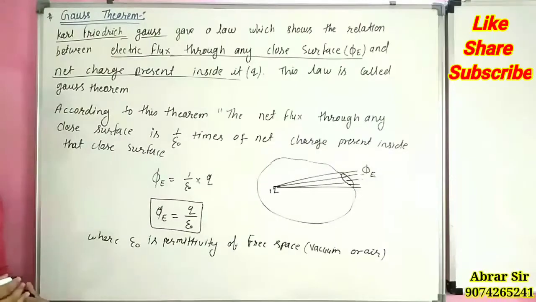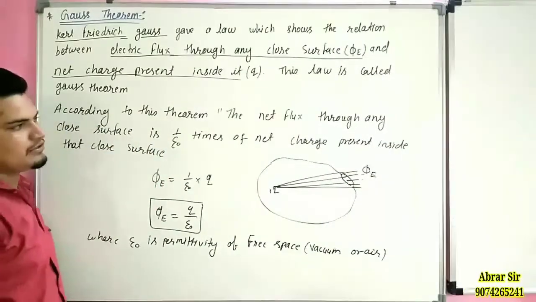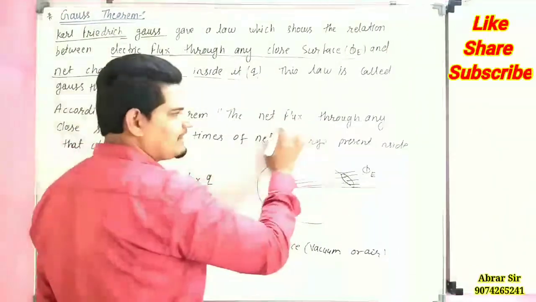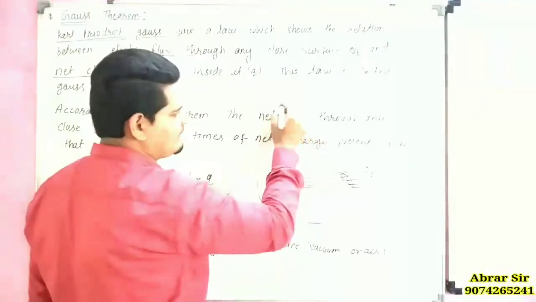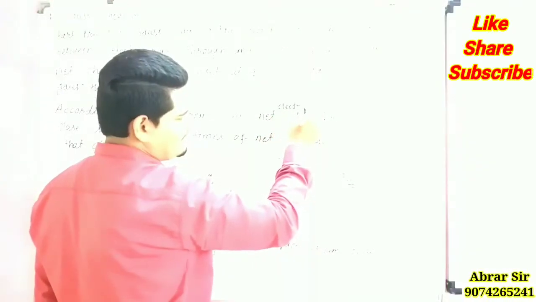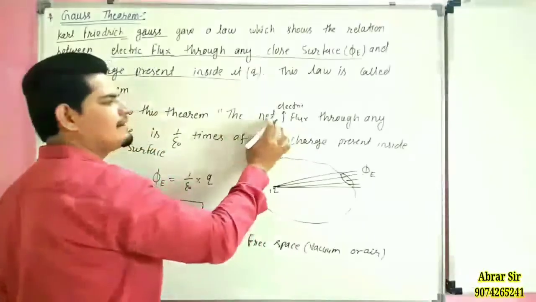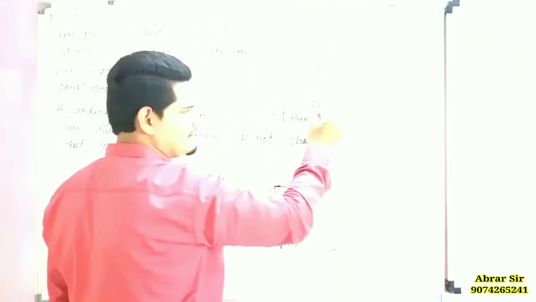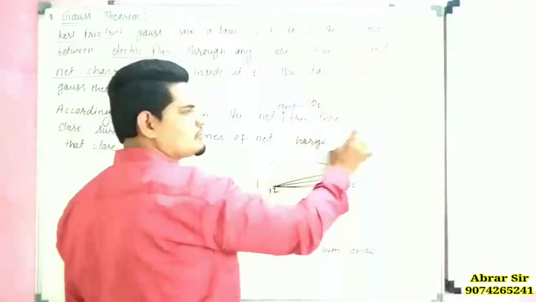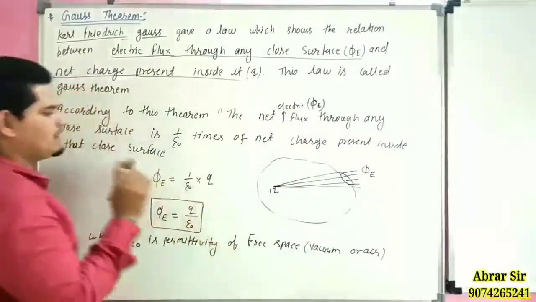What is Gauss theorem? We can understand it as follows. The net electric flux, denoted by phi E, through any closed surface.